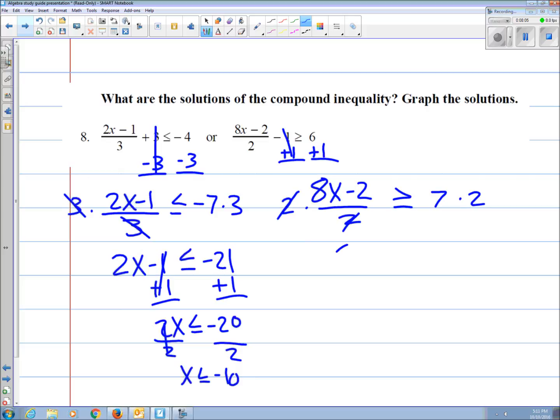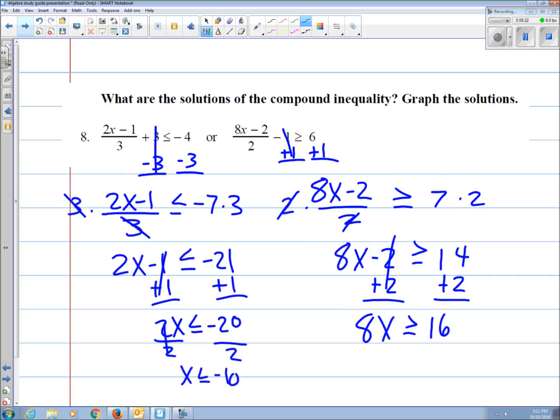So this is 8x minus 2 is greater than or equal to 14. We can add 2 to both sides here. That's going to give us 8x is greater than or equal to 16. And then we can divide by 8 on both sides. So that gives us x is greater than or equal to 2.